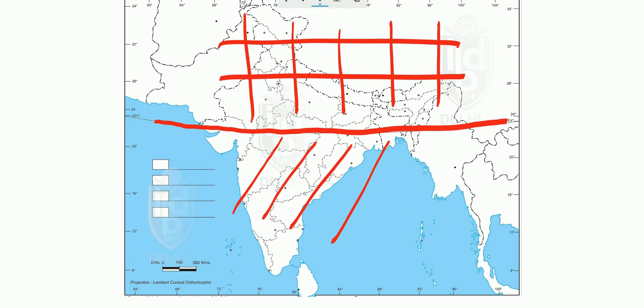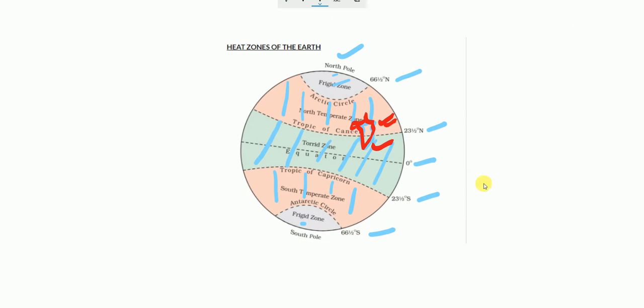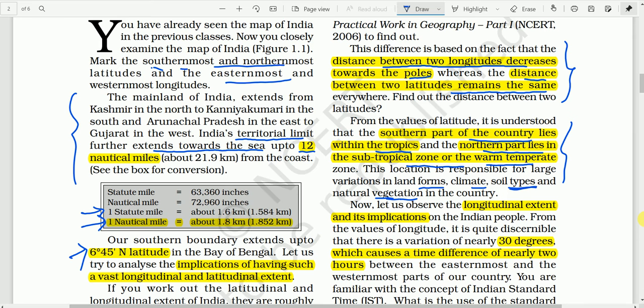And that is why we find different types of climatic conditions and geographical conditions in different parts of India. So that is the point mentioned here in the book. Let's see here. Just read this area.